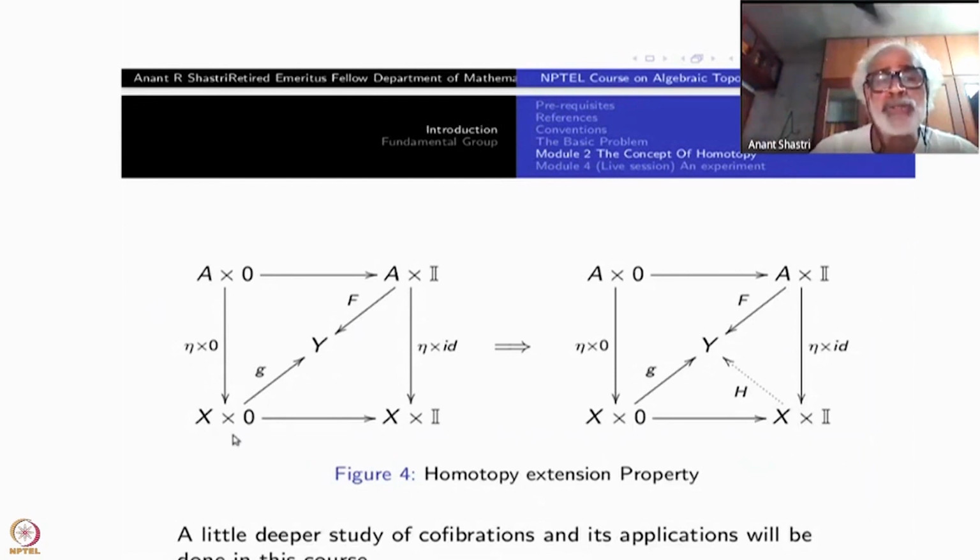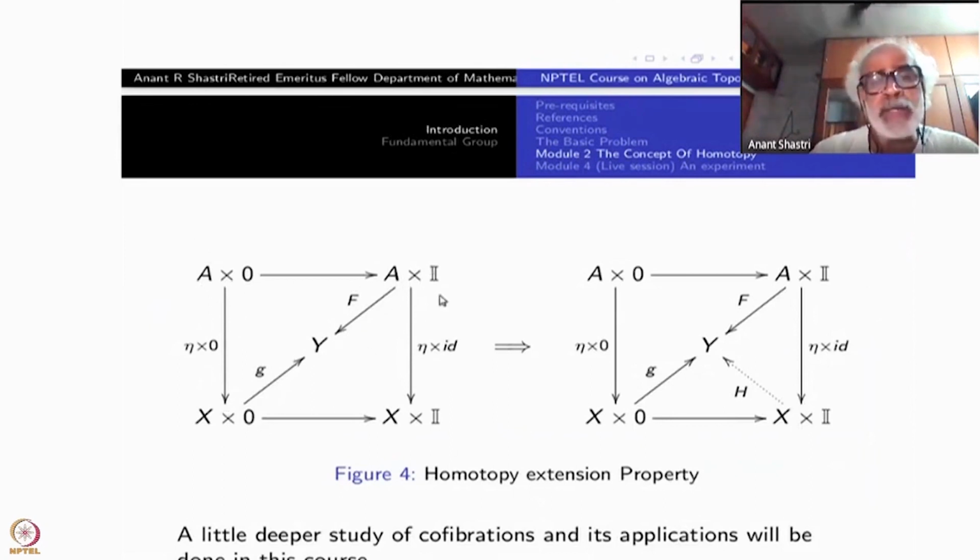On X cross 0, you have another function G. So this part is just a function A to X and a function X to Y. On this part, you have a homotopy of the restricted function, G composite η, on A cross I. That's the homotopy. So this triangle is the given data.